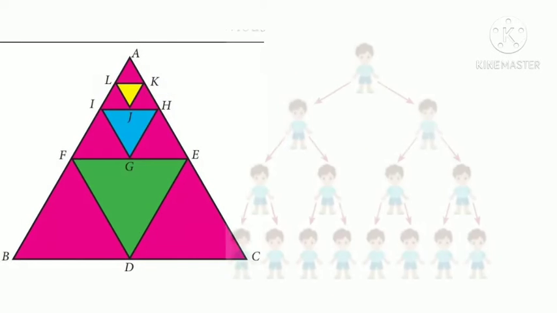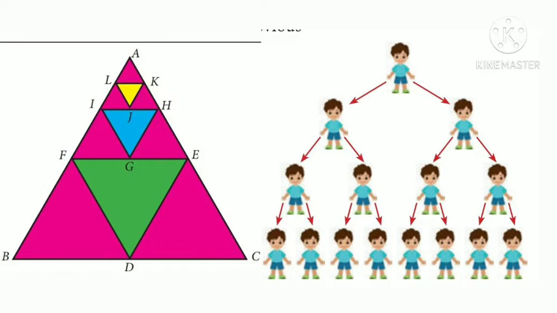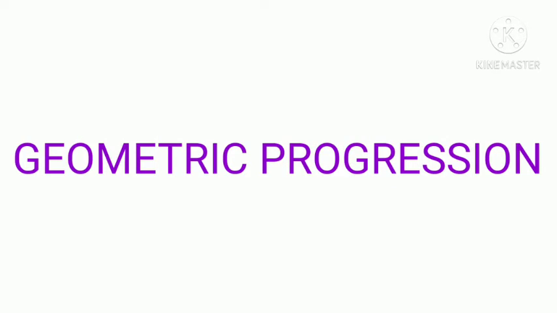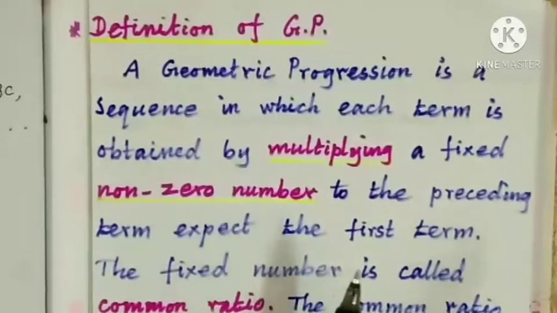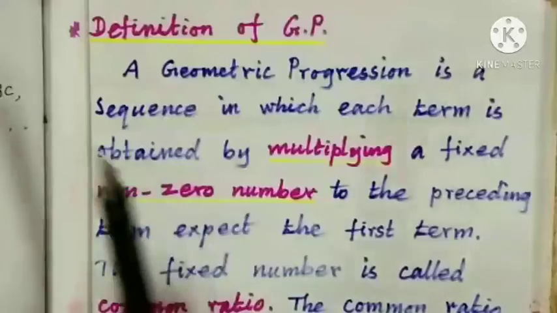From the above two examples, it is clear that each term is got by multiplying a fixed number to the preceding number. I hope this idea leads us to the concept of geometric progression. Now, let us see the definition of geometric progression.